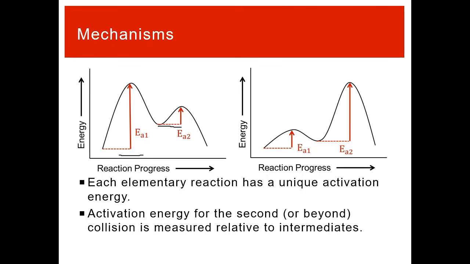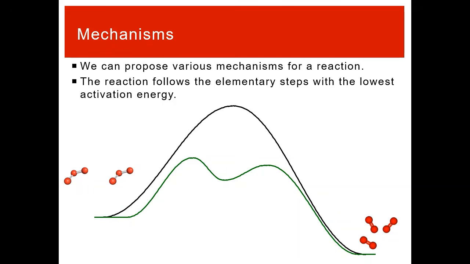Or you can also have situations where the first step has a pretty short barrier. It's easy to get over that, but the second step is quite a high barrier. And so we could have 2, 3, 4, 5, 6 steps that make up our overall reaction. When it comes to reaction mechanisms, you're really only limited by your imagination in terms of coming up with them.